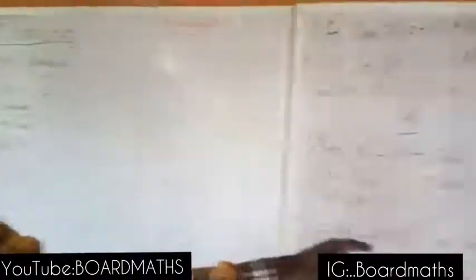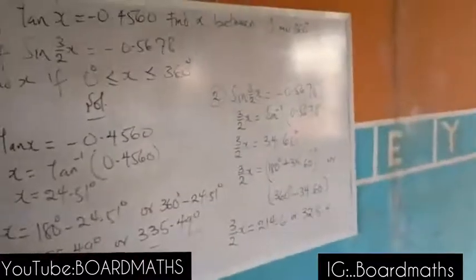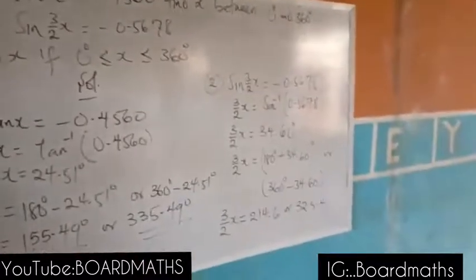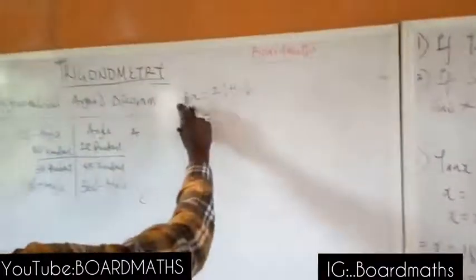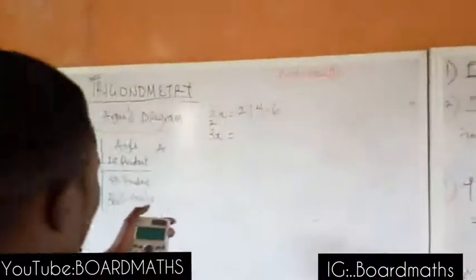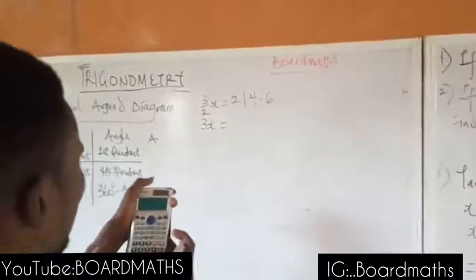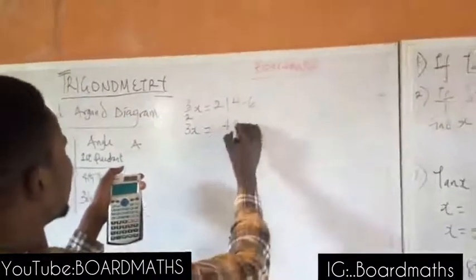So we have 3 over 2 x is equal to 214.6. That's 3x is equal to 2 times this. So that's 214.6 times 2 as 429.2.